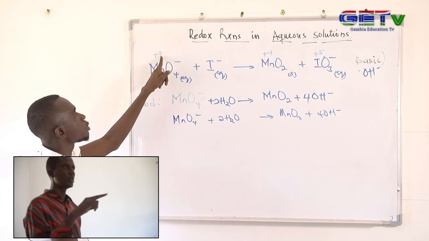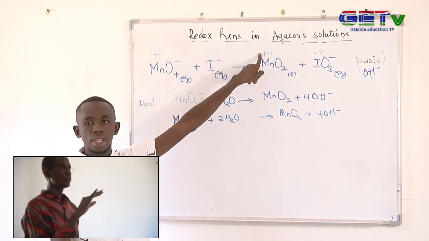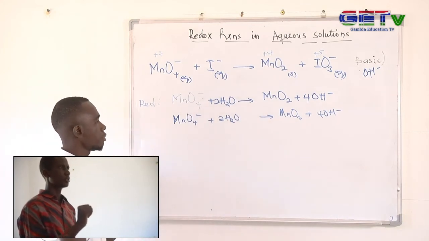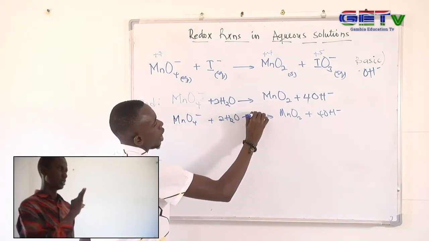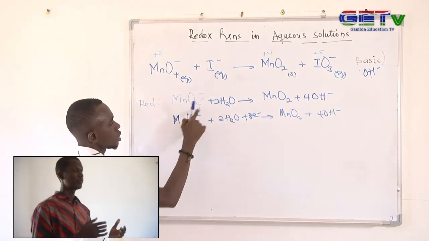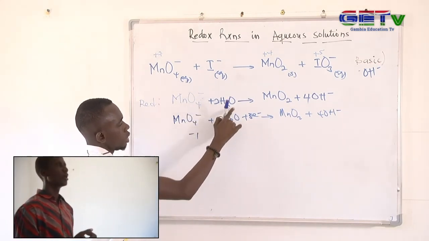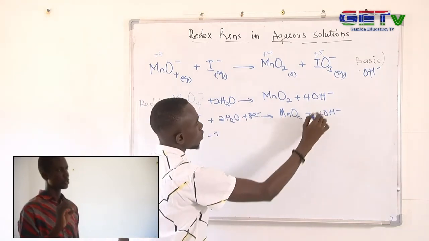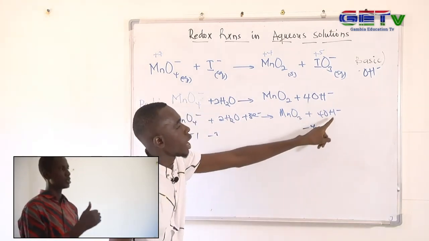Now the difference between this plus 7 and this plus 4 is 3 electrons. And those 3 electrons mean gain of electrons. Therefore, we add those 3 electrons here. Now it means this is minus 1, this side is 0, and this is minus 3. And here also we have minus 4, that is 4 times minus 1.